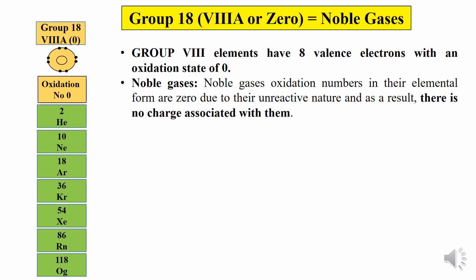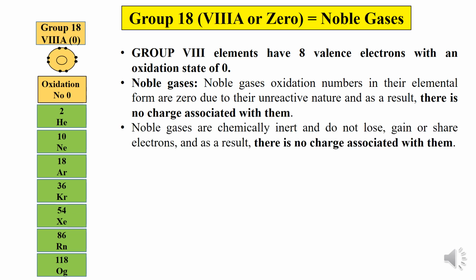The noble gas oxidation numbers in their elemental form are 0 due to their unreactive nature, and as a result there is no charge associated with them. They are chemically inert or unreactive. They neither lose electrons, nor gain electrons, nor share electrons.